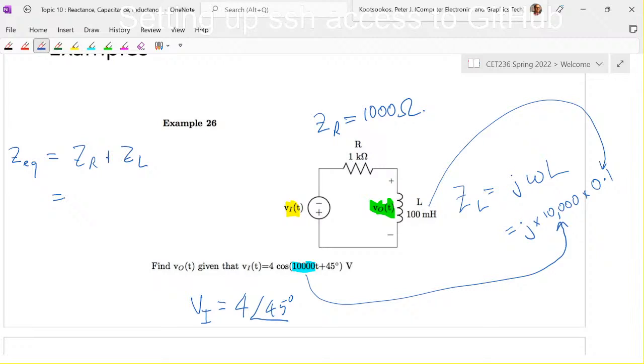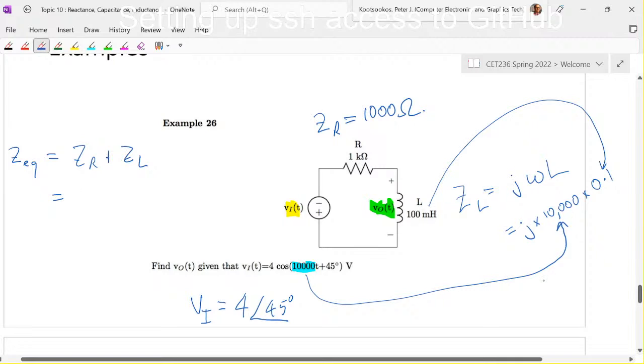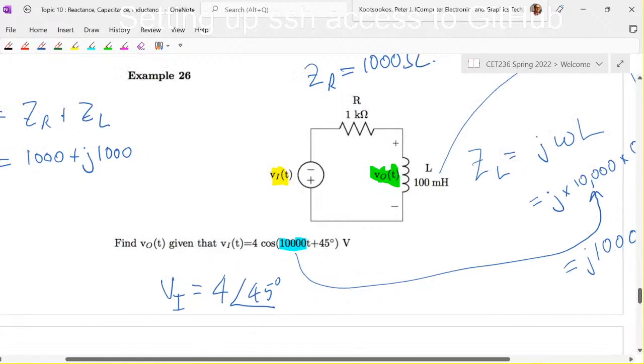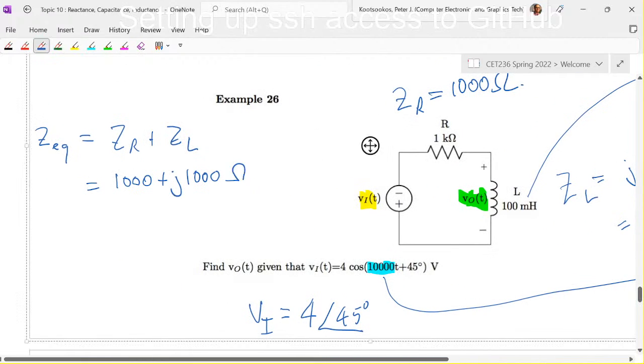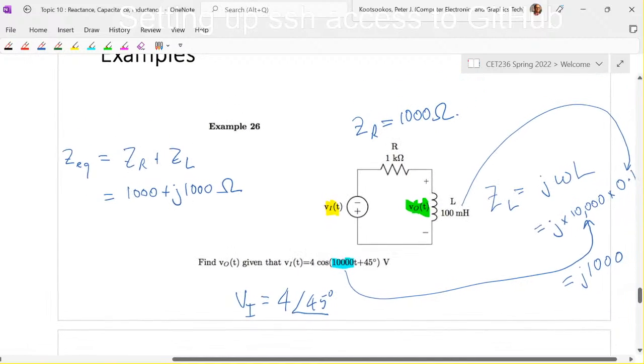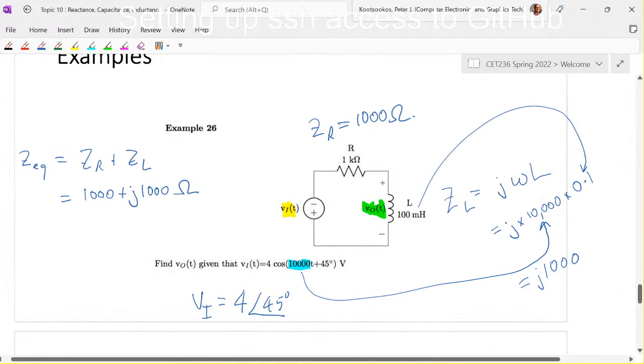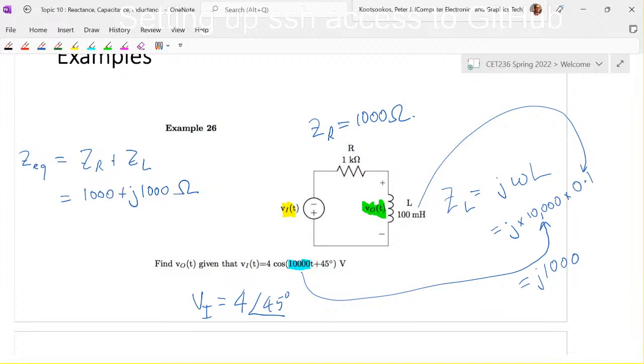I didn't finish my working here, that's just going to be j1000. And if you want to be pedantic about it, you can write the units there as well. It's probably a good idea. So there's our equivalent resistance, or impedance rather.